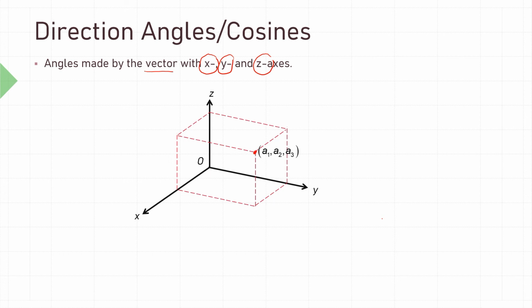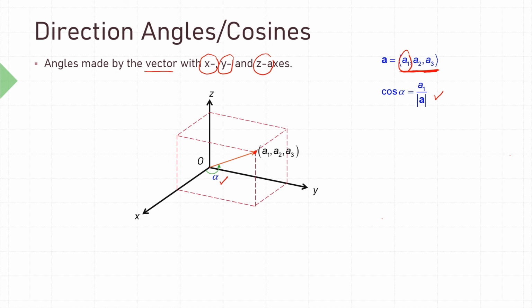Now we find the vector which goes that way to that point, so that is a vector. So we know that the vector A can be written in this component form. Alright, so now the angle between this vector and x-axis is represented by this alpha, which has the relation cos alpha equal to A1, the first component, divided by the magnitude of A.